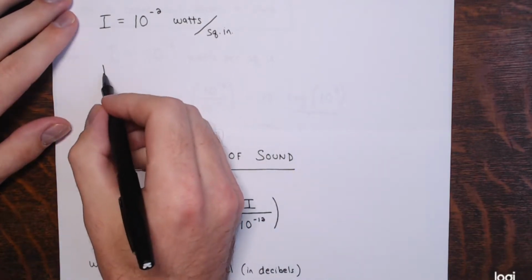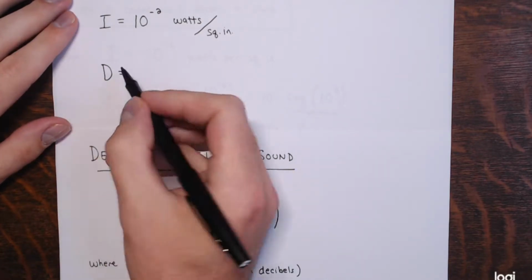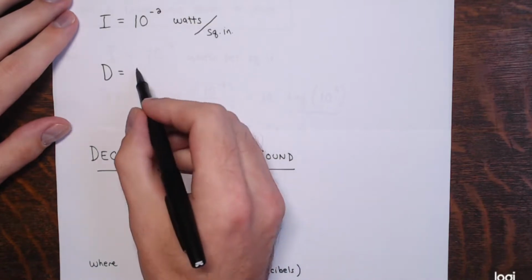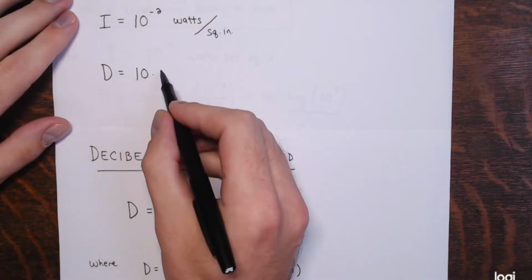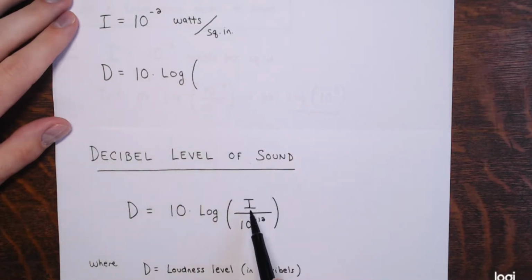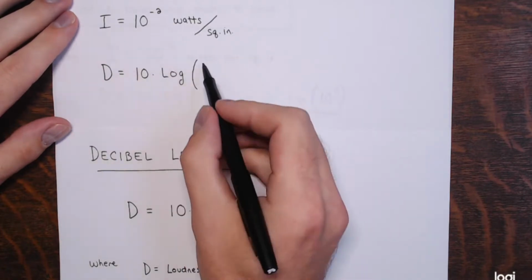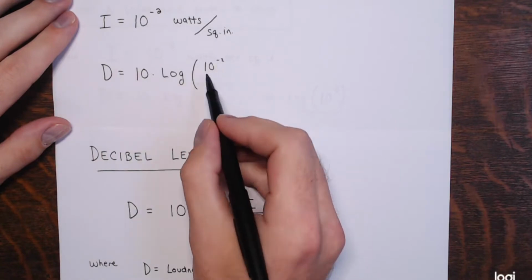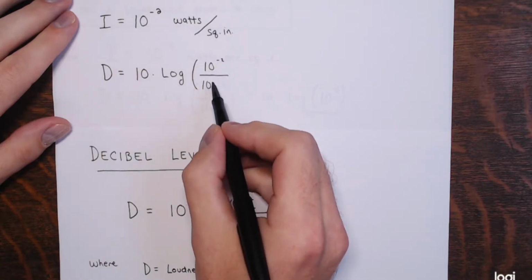So D, the decibel level of that sound, is 10 times the log base 10 of the intensity, which is 10 to the negative 2 watts per square inch, divided by 10 to the negative 12.